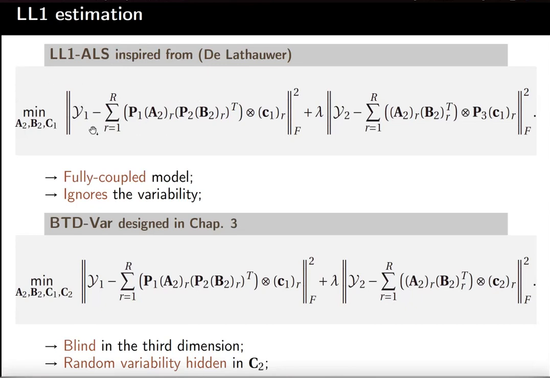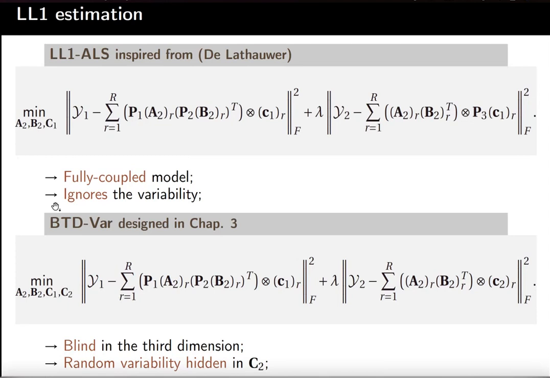Basically, you have two observations, y1, y2, that admit degraded block term decompositions, and we want to reconstruct an image by fitting this cost function. This is a fully coupled model because you can see that there are some constraints, P1, P2, P3, along the three dimensions, but it does not account for variability.